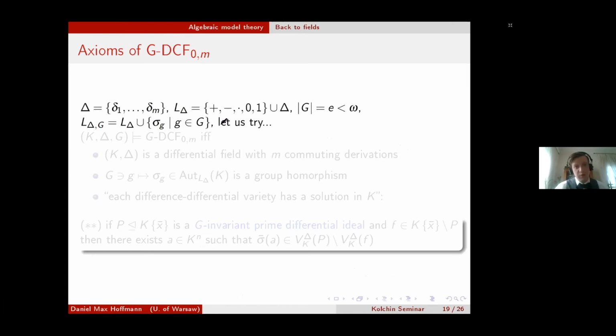And now let us try to do the same with the axioms for GTCF 0. So we start with naming derivations. We have m derivations.